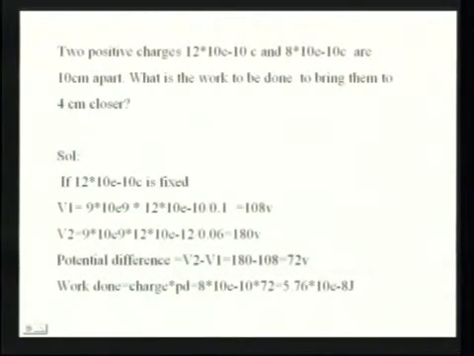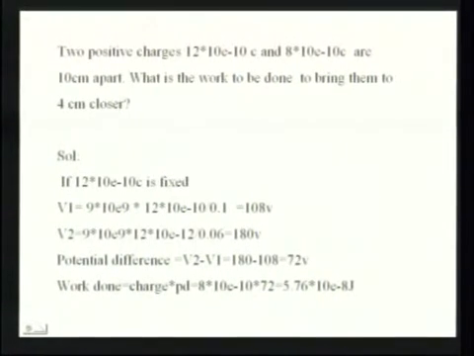V2 equal to 9 into 10 to the power of 9 into 12 into 10 to the power of minus 10 by 0.06, equal to 180 volts. The potential difference is V2 minus V1 equal to 180 minus 108, that amounts to 72 volts.